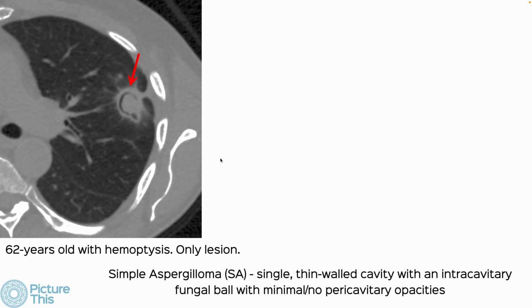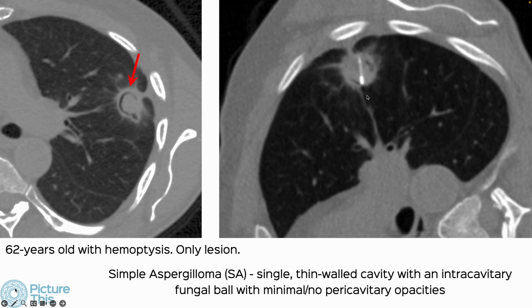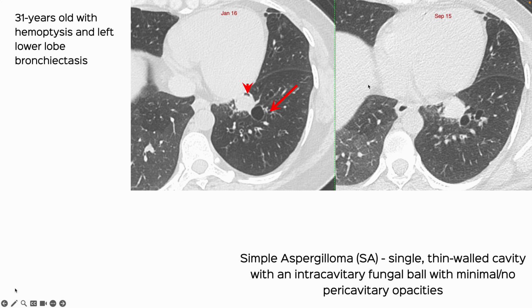Simple aspergilloma is when a person has a single cavity. Maybe it's the result of a prior abscess, a prior hydatid cyst, something, and ends up with a fungal ball within. And there are these two cases, this one here and the one here. This is in a bronchiectatic segment.